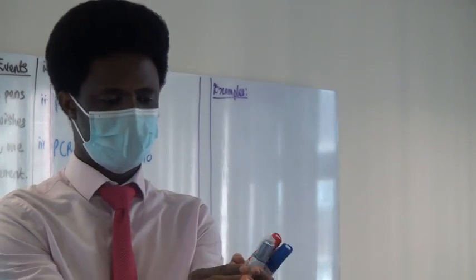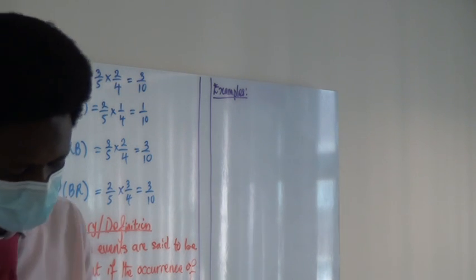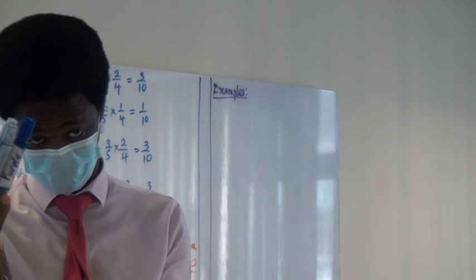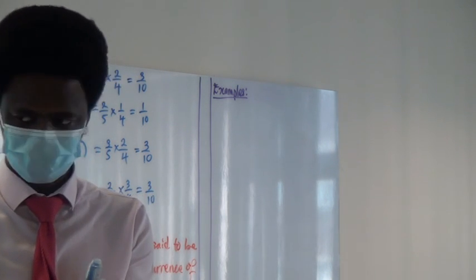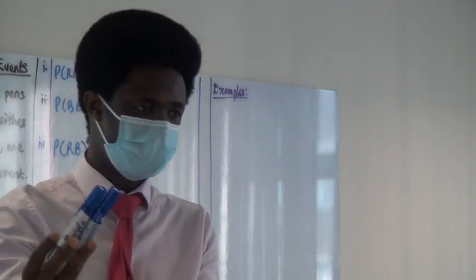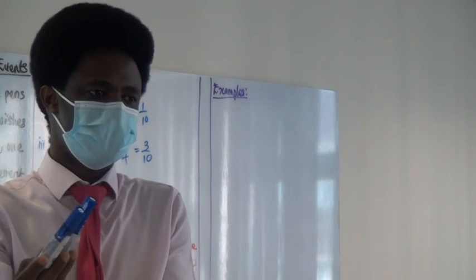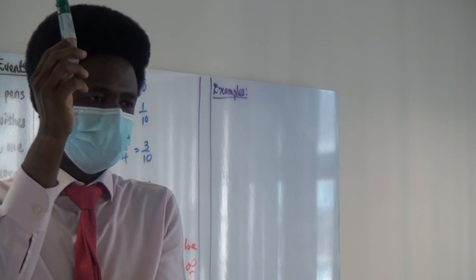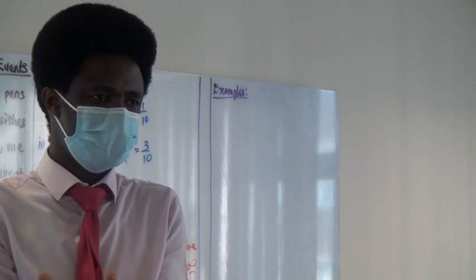I have these pens. Probability of picking, let's say these two are blue, even though we know they're not. One is purple. Let's say they are blue. Probability of picking a blue next, after I pick this one, if I put this back, does it affect anything?